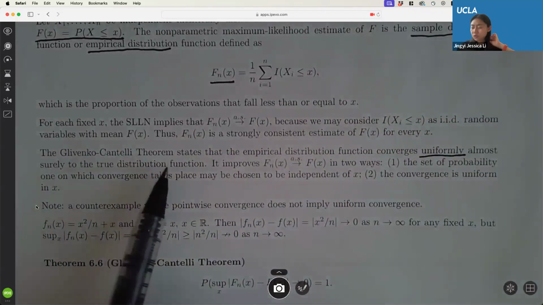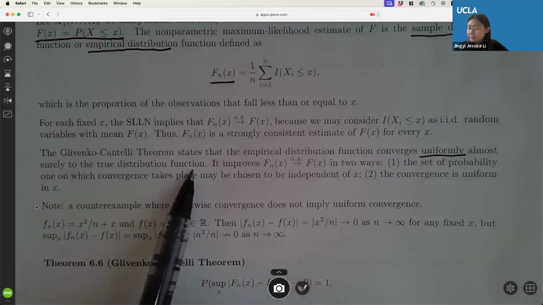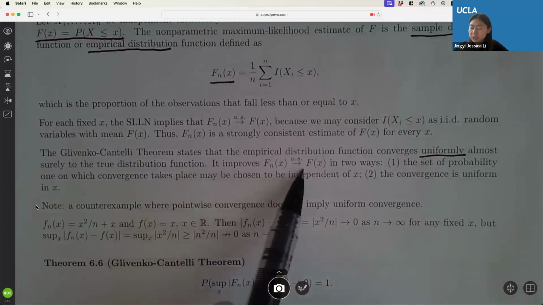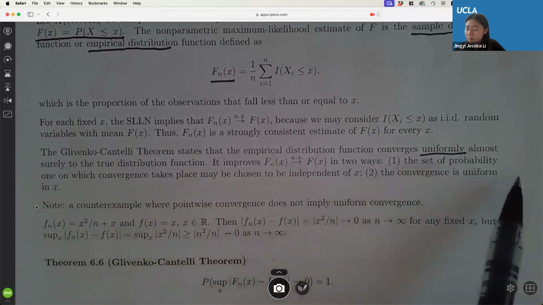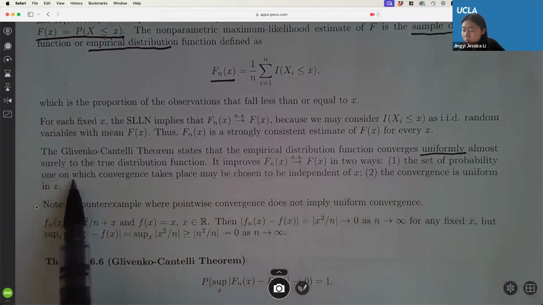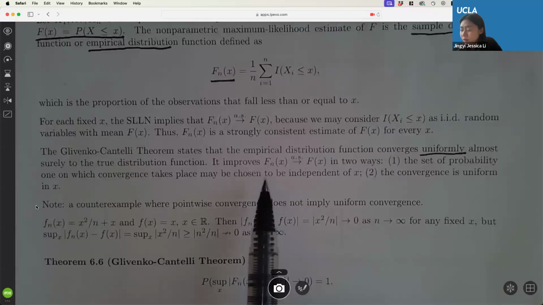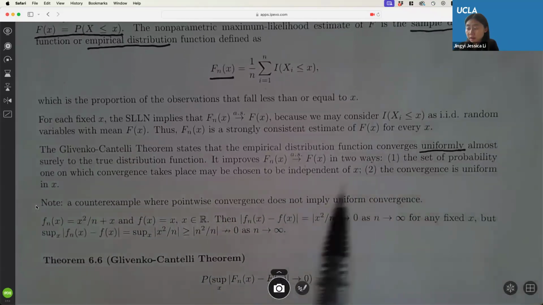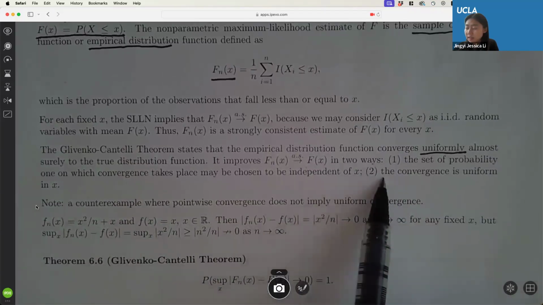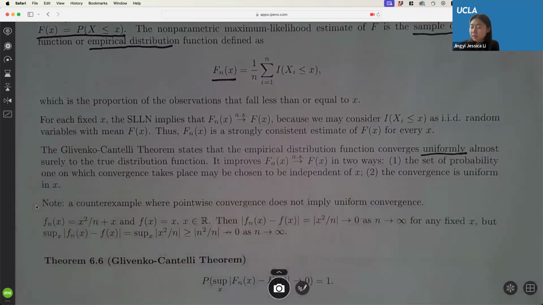It improves the previous result in two ways. First, the set of probability 1 on which the convergence takes place may be chosen to be independent of x. What does this mean? Second, the convergence is uniform in x.